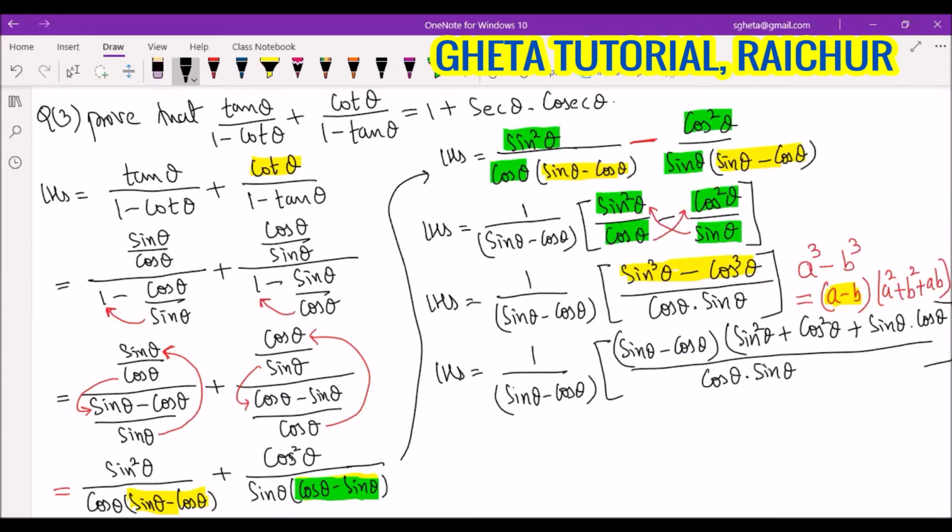Okay, so now I can cancel this. Numerator sine theta minus cos theta, denominator sine theta minus cos theta, cancel. What is remaining now in the LHS?